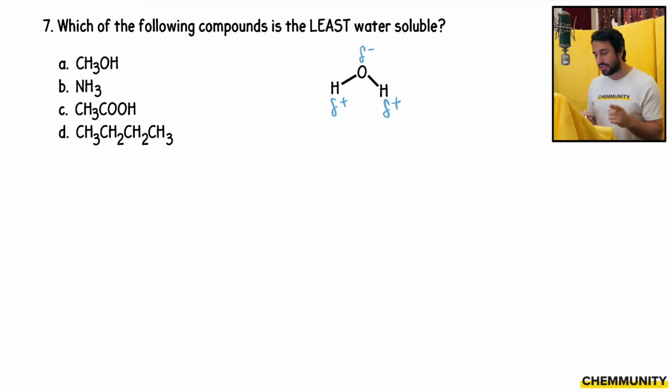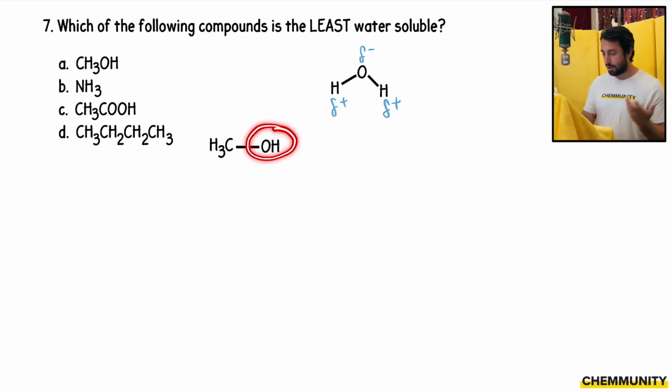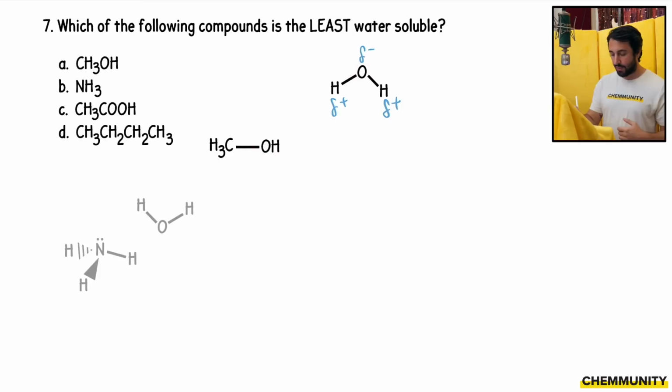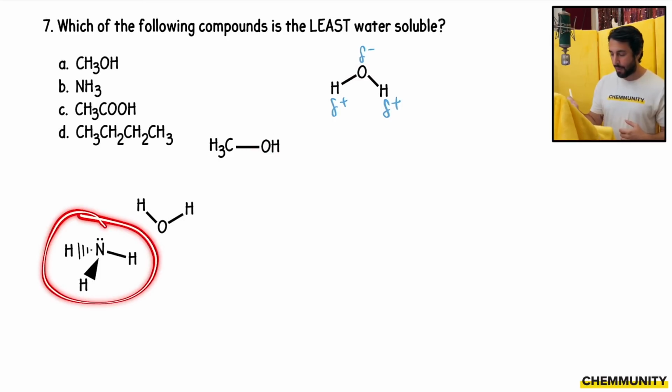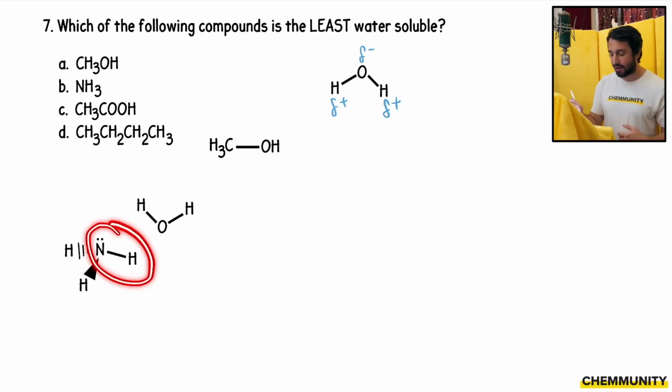So we want to look at these compounds and look at what kinds of interactions they're able to make with water molecules. If we look at CH3OH, methanol has an OH group, just like water has an OH group. That is going to be able to do hydrogen bonding with water, so that's going to be quite nicely water soluble. If we look at ammonia, we have a similar situation. Ammonia also has groups that are capable of hydrogen bonding.